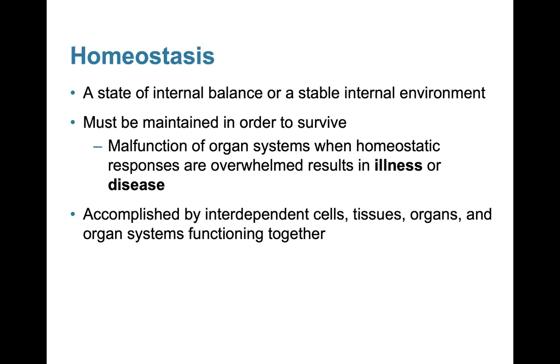So if you cannot maintain that state of internal balance, that can lead to a disease or, more seriously, some type of illness. This is accomplished by independent cells, tissues, organs, and organ systems that all function together.